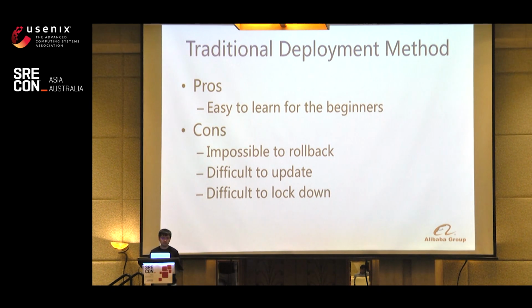The first one is it's almost impossible to roll back. When we deploy the operating system, then we start to deploy the services. After we deploy services, we figure out we need to do something before this step, but it is impossible for us to roll back.